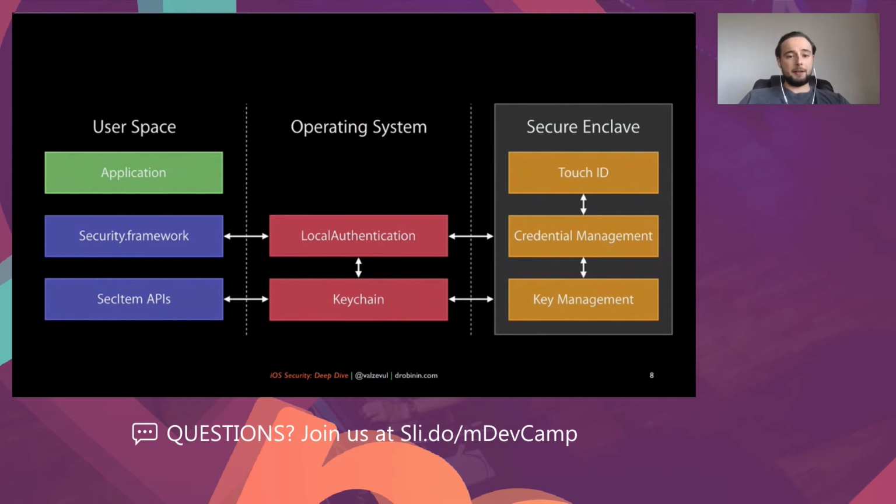And the user space itself has the application we want to protect and the Security framework underlying there with the security items APIs. So the secure enclave, as I said, is pretty much secured, but as it's only on the right and your app does not interact with it directly, most attack vectors would target not the secure enclave, but actually injecting malicious code into your app's IPA to compromise the interaction with the authentication.